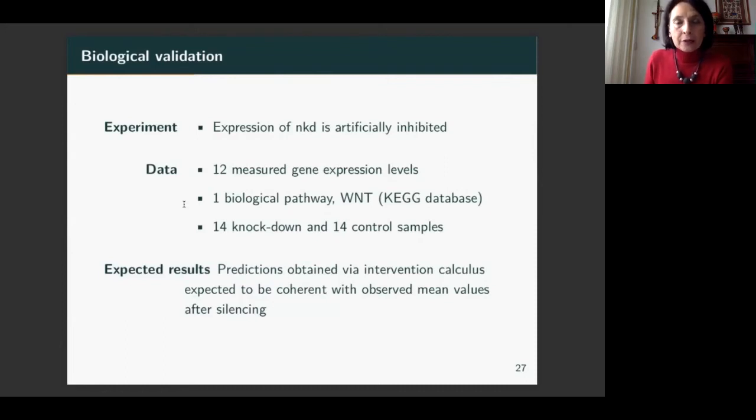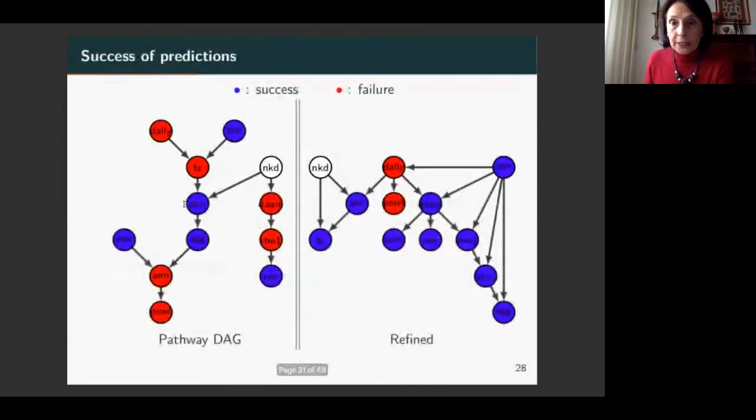So what we have are 14 knockdown and 14 control samples and measurements of the 12 variables. And what we wanted to see was simply if predictions obtained by synthetic silencing were coherent with what we observed after the physical silencing in terms of means. And this is what we observed.